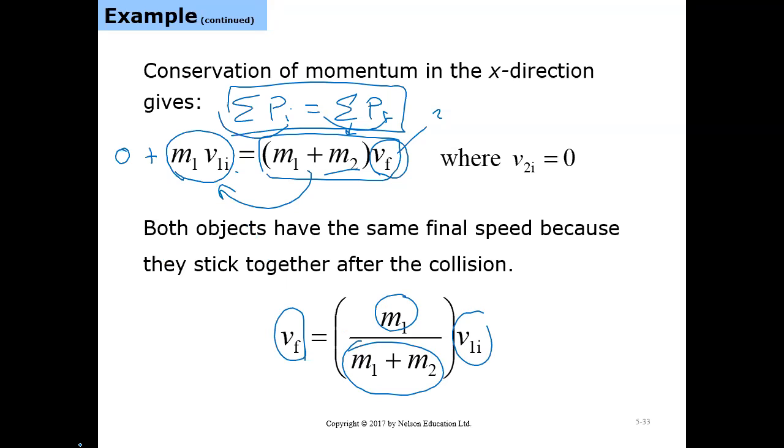We know v1i, we know m1 and m2, so we can find the final velocity of the combined object. So that's it. We got an expression. We don't have numbers. Suppose they give numbers like 10 kilograms, 12 kilograms, we can put them in there. And if we know the initial speed of mass m1, we can find the final velocity of this combined object.